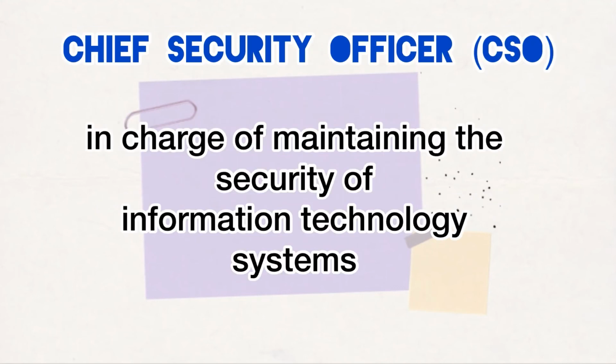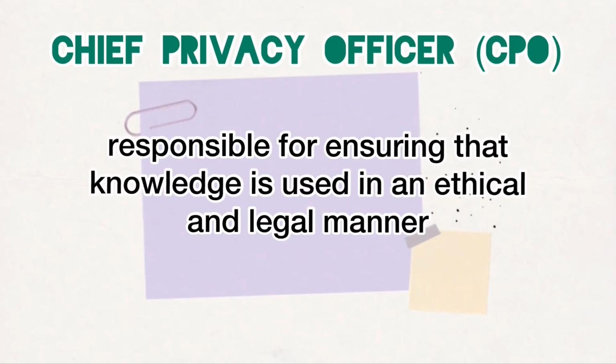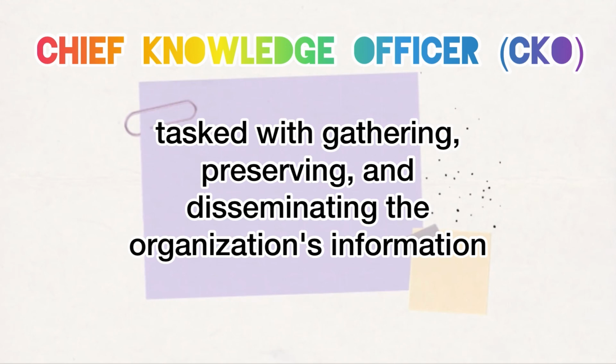And the next one, the Chief Security Officer, is in charge of maintaining the security of information technology systems. And next, the CPO is responsible for ensuring that knowledge is used in an ethical and legal manner. And lastly, we have the Chief Knowledge Officer, CKO, who is tasked with gathering, preserving, and disseminating the organization's information.